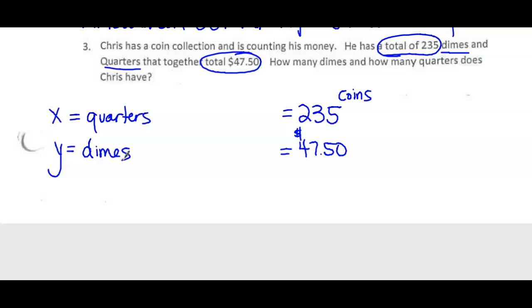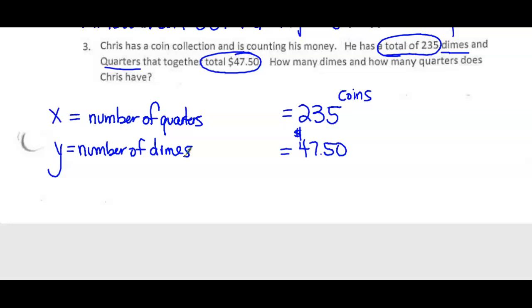The reason I will mark this wrong is because you do not have a word that is measurable with it. So I'm going to erase this so you know what I mean. I'm going to keep X quarters, but I'm going to make this number of quarters. You have to have a word that is measurable. And Y, I'm going to make number of dimes. Yes, it can be flip-flop like this.